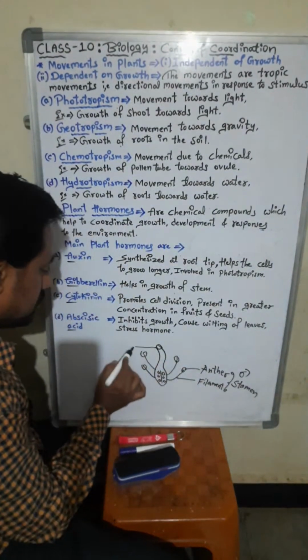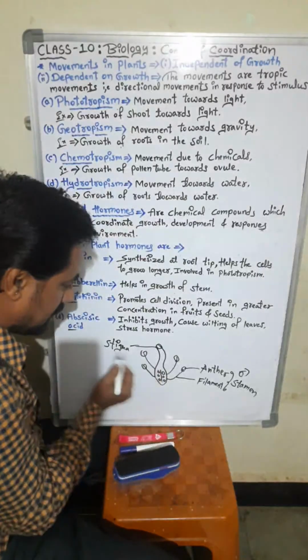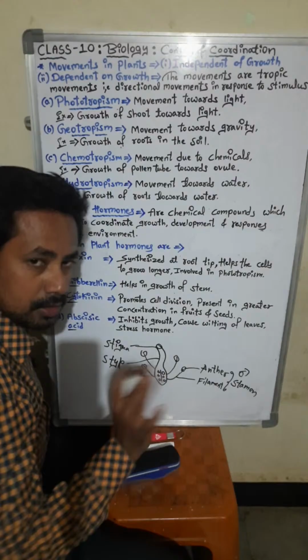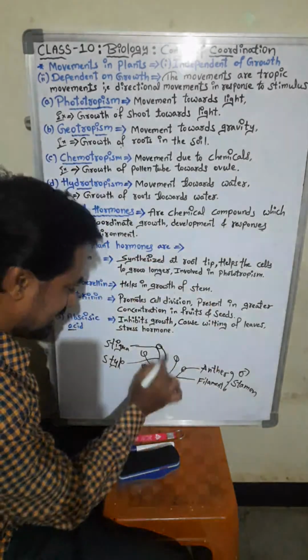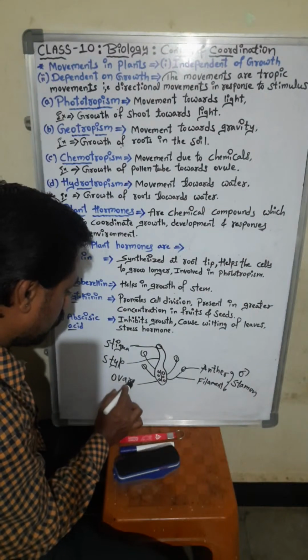So this part is known as the stigma. Everybody has studied this in lower classes, students. This is the style, and this is the ovary.